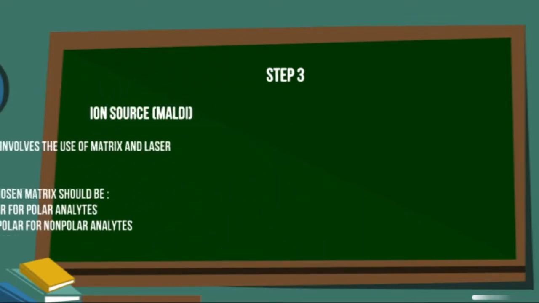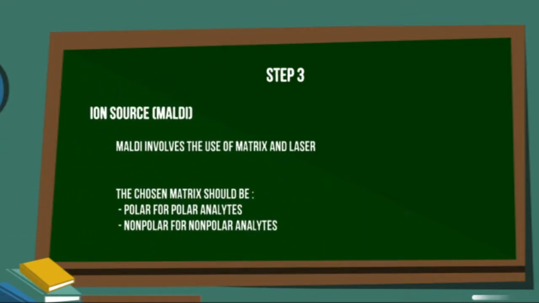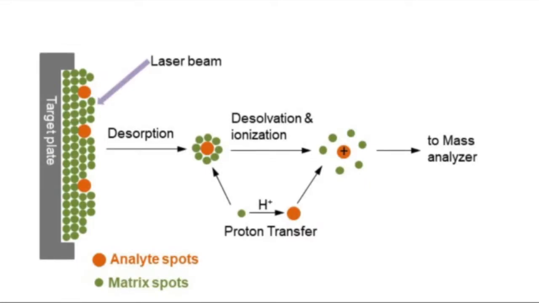MALDI involves the use of matrix and laser. The chosen matrix should be polar for polar analytes and non-polar for non-polar analytes. The working principle of MALDI is that a laser beam, such as a nitrogen gas UV laser, with a wavelength of around 337 nanometers, is bombarded into the matrix.